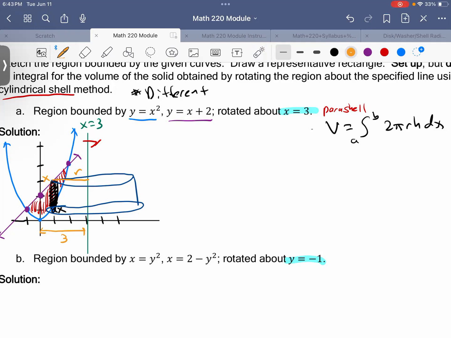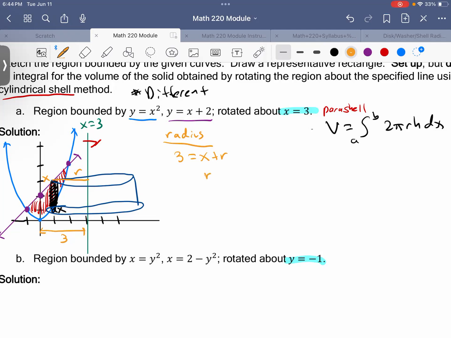So the radius, well, we know that this whole thing is 3, and we know that x and r make up this 3. So we'd have 3 equals x plus r, but we want to know what r is.